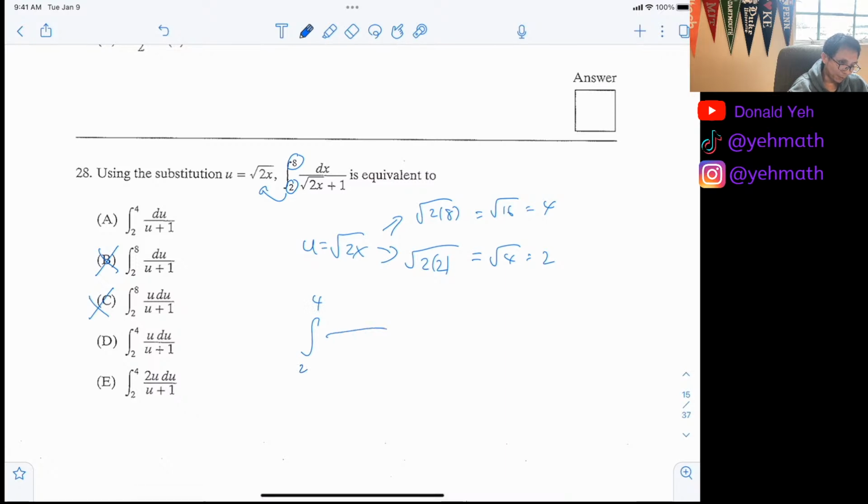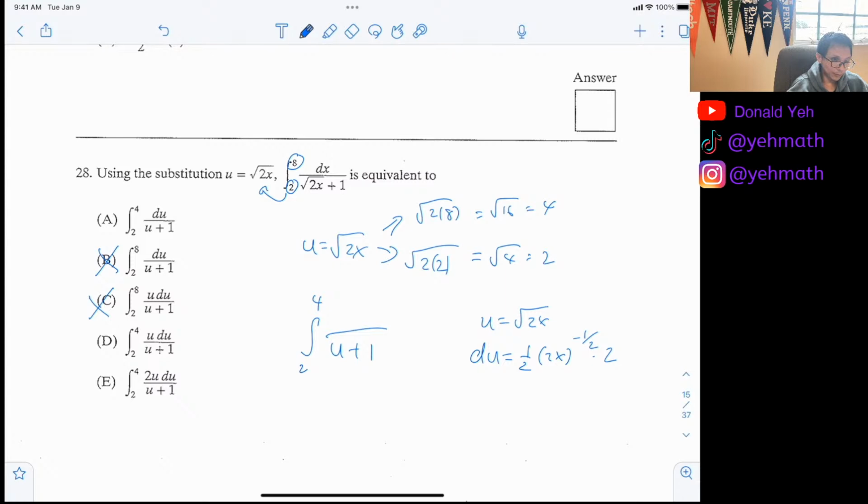Now here is obviously u plus 1, right? Are we okay here? Now, the problem is dx. We're going to go back to u again. You take a derivative. du is 1/2 times 2x to the negative 1/2 times 2.